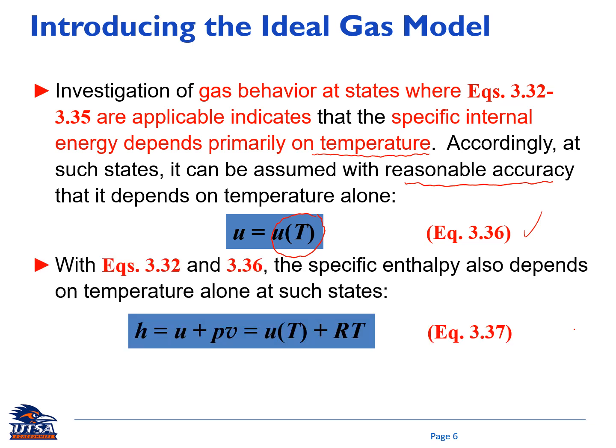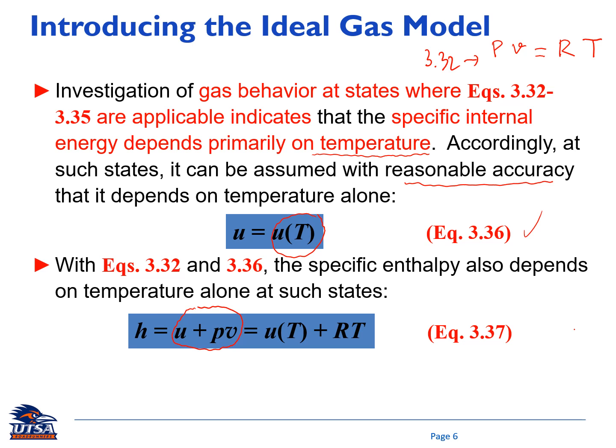With equation 3.32, let me write it down again, P times specific volume equal to R times T. With equations 3.32 and 3.36, the enthalpy also depends on temperature alone, giving us equation 3.37. If you remember, enthalpy doesn't have any physical meaning. It just helps us to shorten U plus PV, which equals H, or enthalpy.